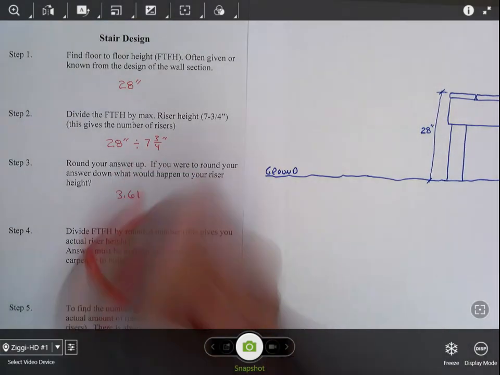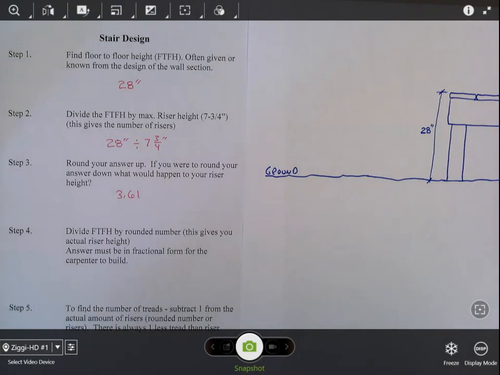Now it's important to understand what you're actually finding there. Anytime you're doing any math problem, whenever you're dealing with units, you can't lose sight of what you're actually looking for. What that gives us is the number of risers. Whenever we take the total floor-to-floor height and divide it by a riser height, it's telling us that we would have 3.61 risers.